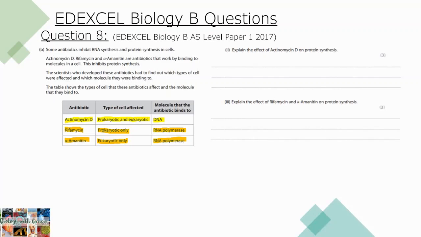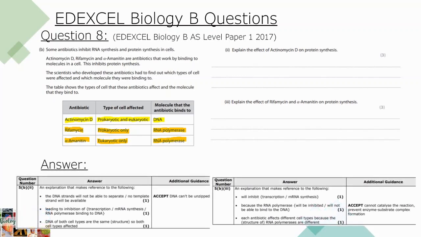And because the RNA polymerase is inhibited, this means that it won't be able to bind to the DNA. So transcription is going to be inhibited because the RNA polymerase cannot bind to the DNA. And then you need to say how each antibiotic is affecting different cell types because of the structure of RNA polymerases being different. So you can see our answers here.